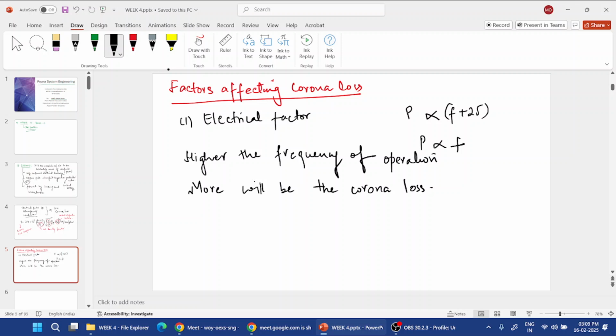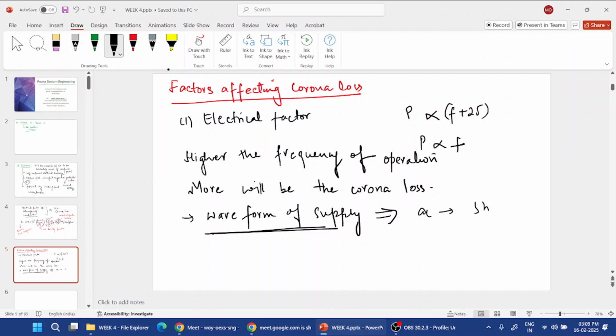It also depends upon the waveform of the supply, meaning how smooth it is. Mainly, if it does not contain any harmonics, the losses will be less. But if it contains harmonics, like in AC, we generally have third harmonics in our supply waveform.